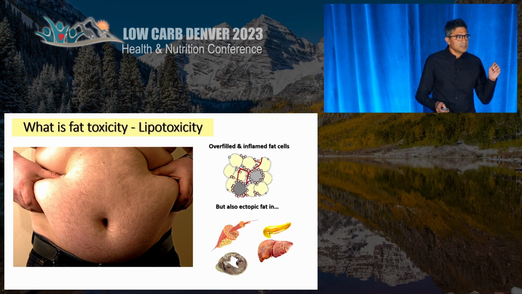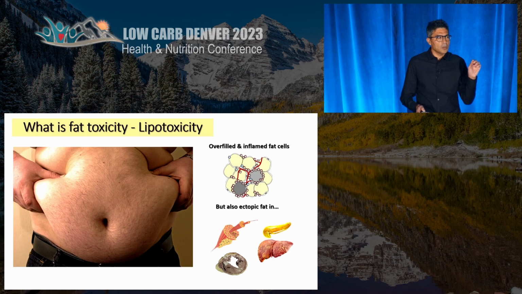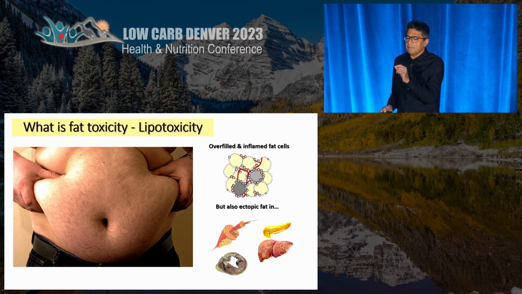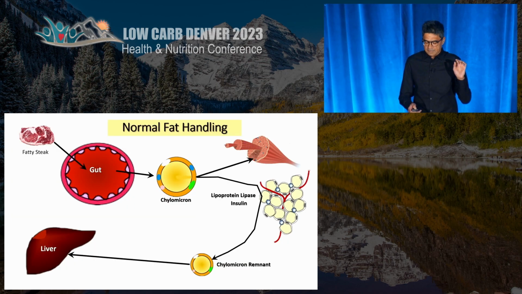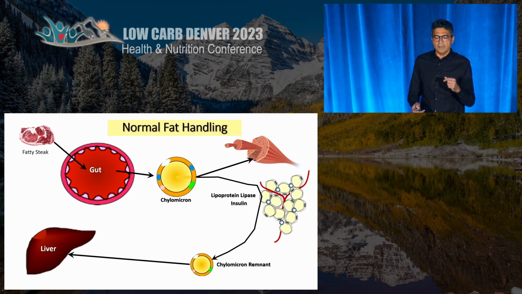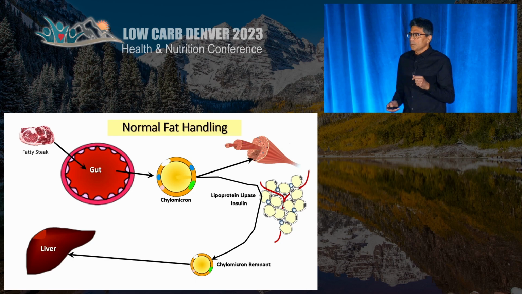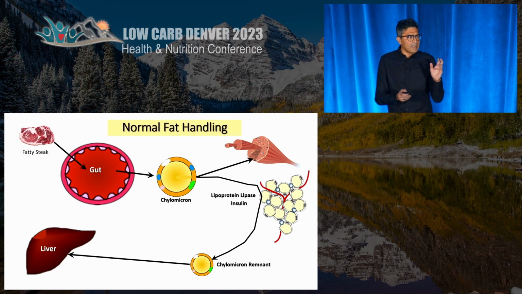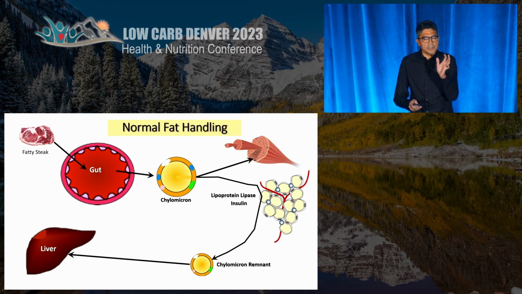Obesity is not just overfilled and overstuffed fat cells, but fat spilling into the bloodstream and finding a location to park itself in the organs, the liver, the spleen, and the pancreas. So if you look at normal fat handling after a fat meal, the fat gets absorbed into the circulation directly.